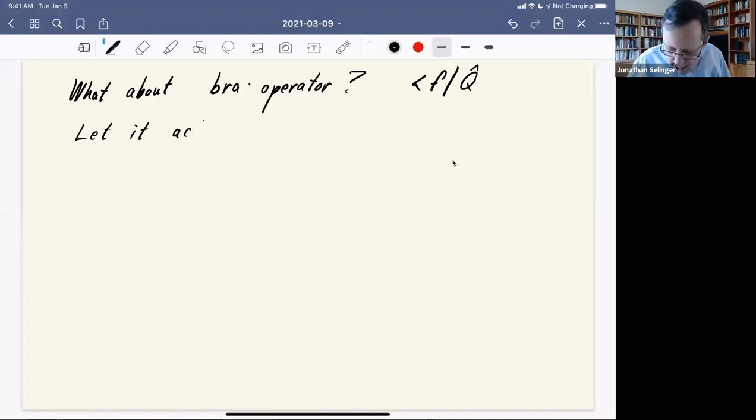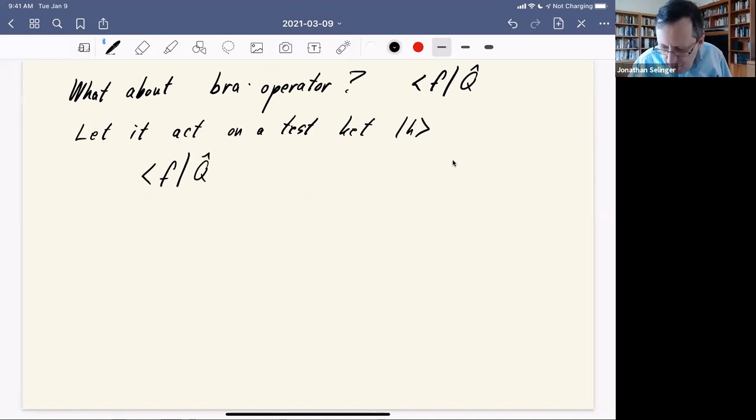We will let it act on a test ket H, and what it produces is <F|Q|H>. And what is this? Well, we already know that the QH is a ket.